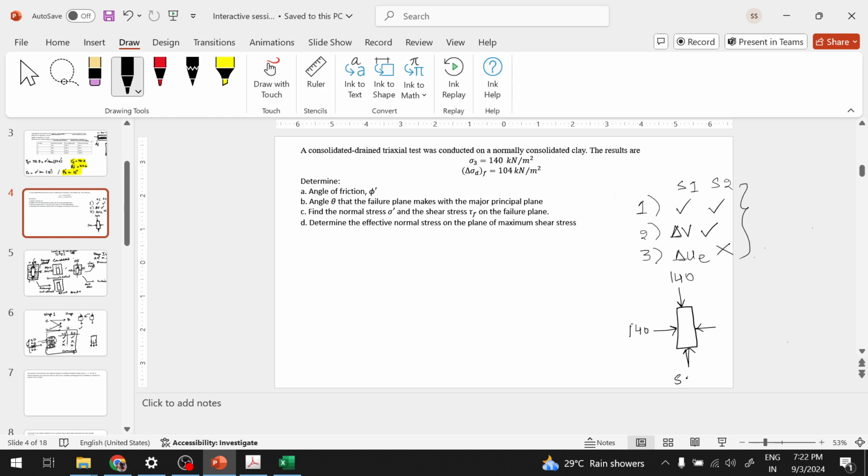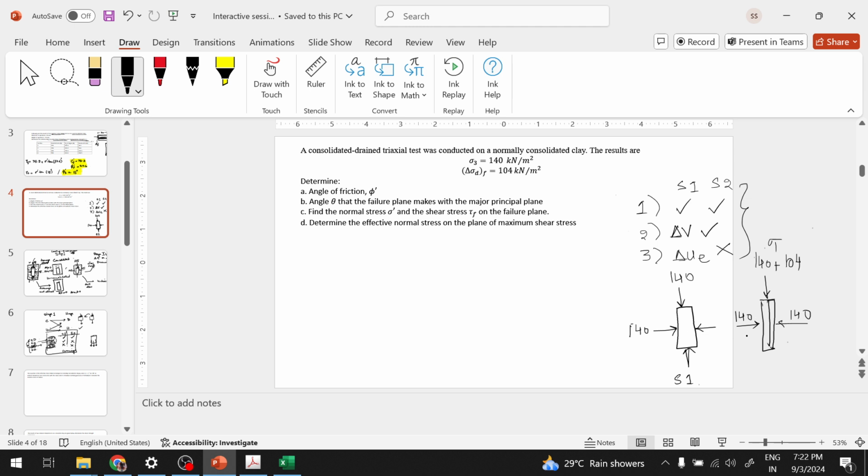This will be stage 1. Then in the second stage, we increased the axial stress by 104. So this will be 140, this will be 140, and here this will be 140 plus 104, sigma 1.